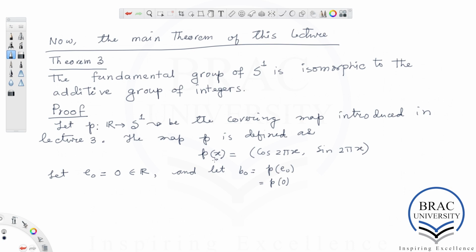So if we plug in 0 here, we get (1, 0), right? So B0 is equal to (1, 0). That is a point on the unit circle, right? The circle is thought of as a subspace of the Euclidean space R2.